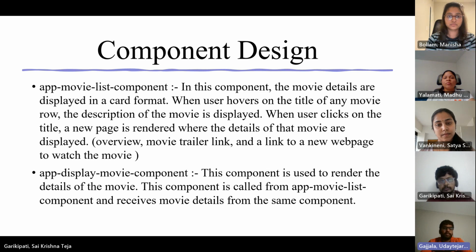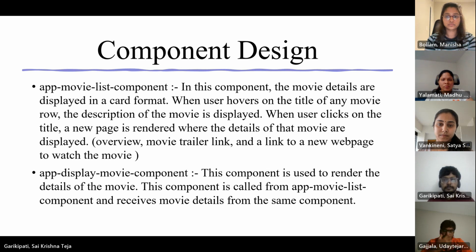And coming to the next component design, which we have developed, is the movie list. In this component, the movie details are displayed in a list format, and it has been developed so that whenever a particular user wants to have the title of any movie or the description of the movie, it will be displayed.